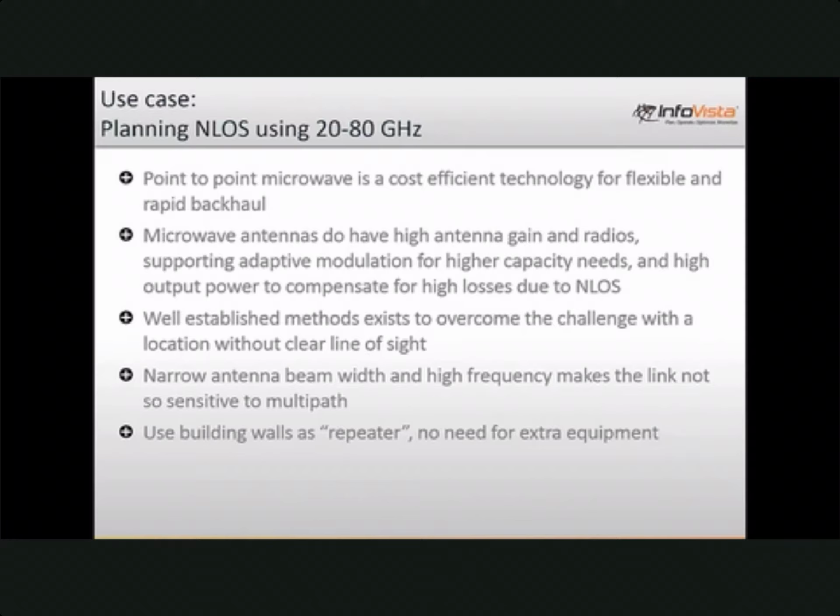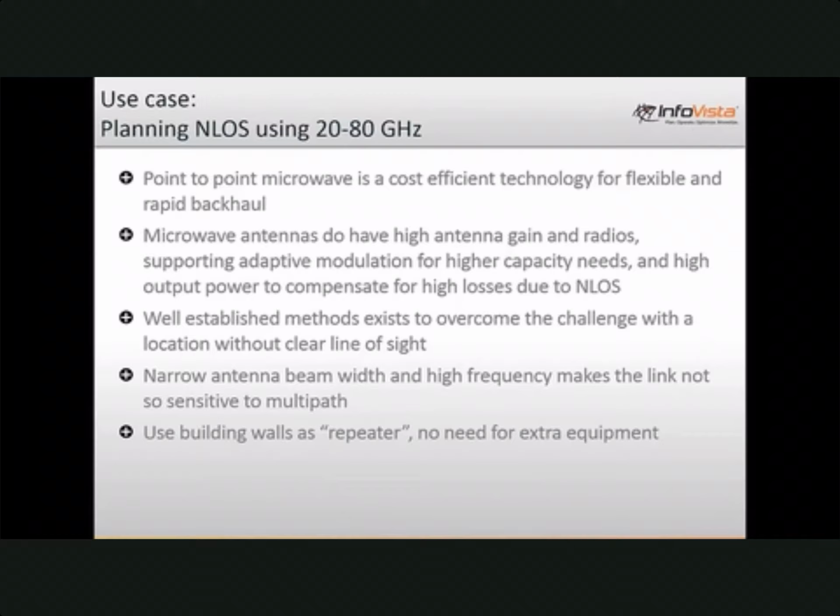And the only way that this works is because of this short distance. So the short distance in combination with high output power and high antenna gain compensate for the losses, because you will have a huge loss, but you will see later on also with those losses you have quite good availability for more or less all modulations that you have.